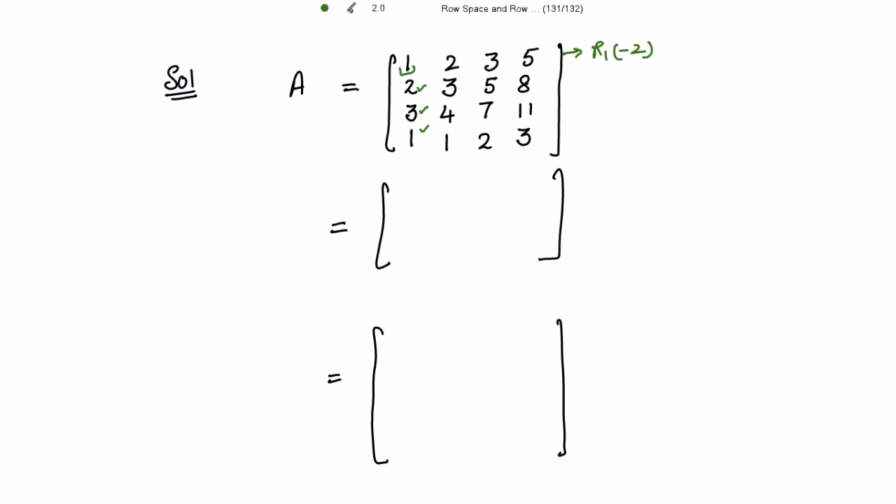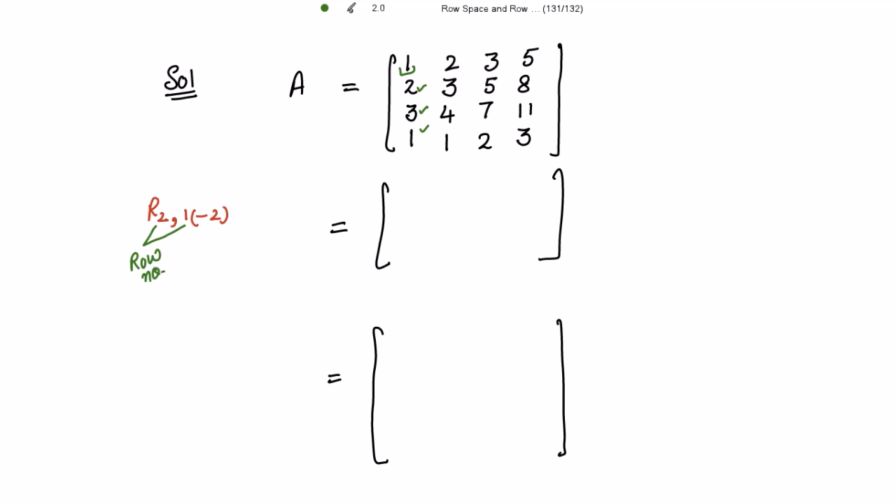So I need to change the second row, right? I need to change the second row by adding the elements of the first row, but the elements of the first row should be multiplied with -2. This 2 and 1 represent the row numbers.